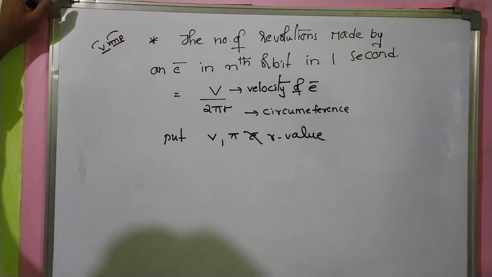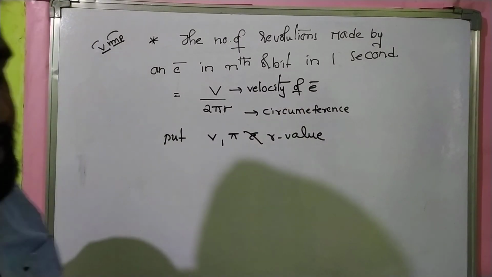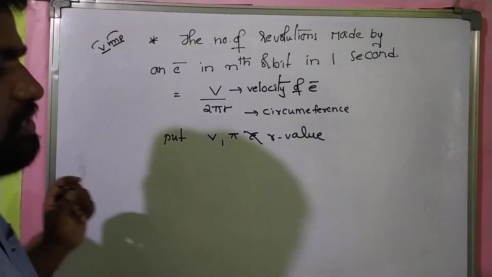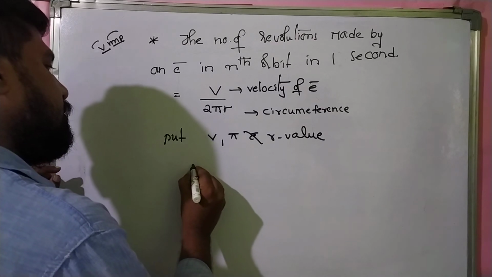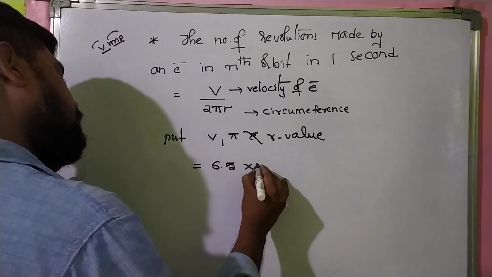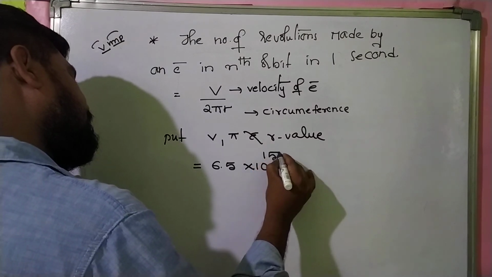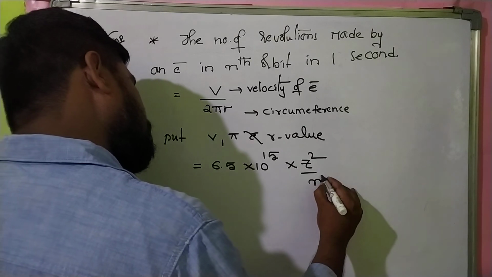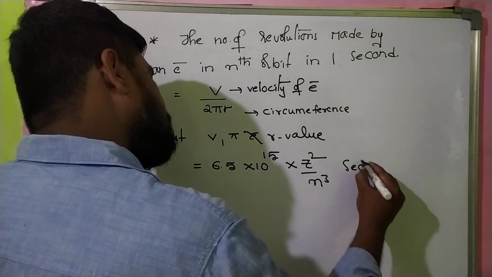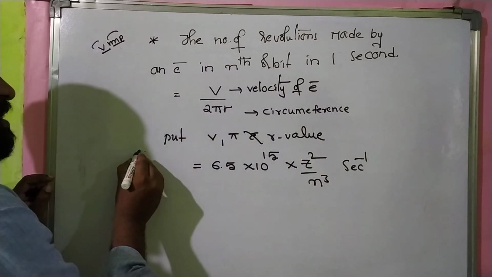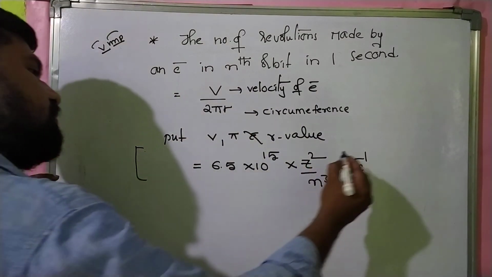Now we will get a simplified equation, that is 6.5 into 10 to the power of 15 into Z square by n cube per second. Very, very important. This is a very important formula.